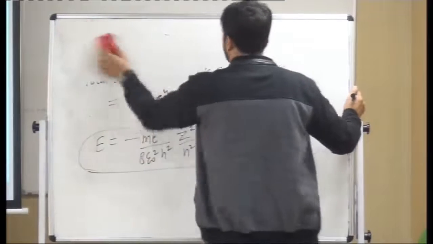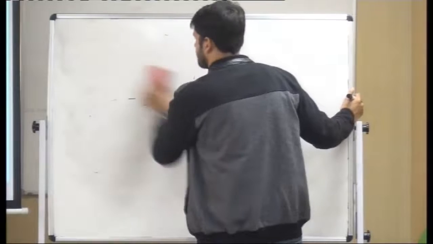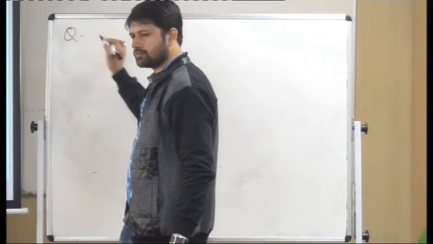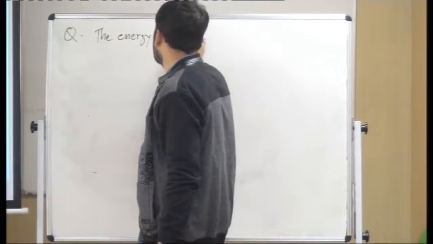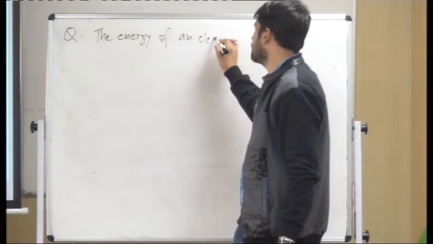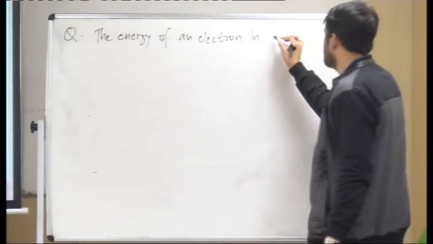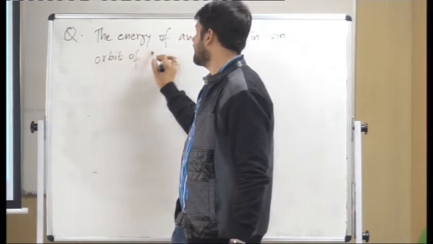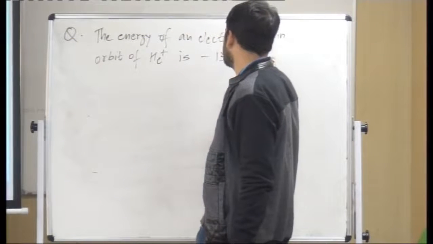So before we move any further, let's do one or two questions. The question was: the energy of an electron in an orbit of He plus is minus 13.6 eV.